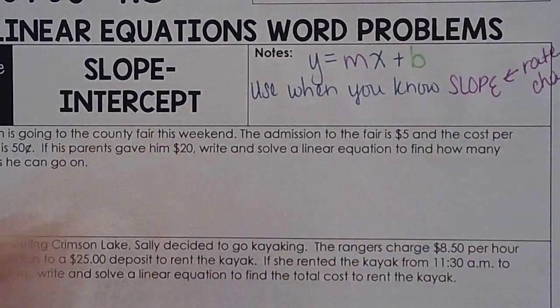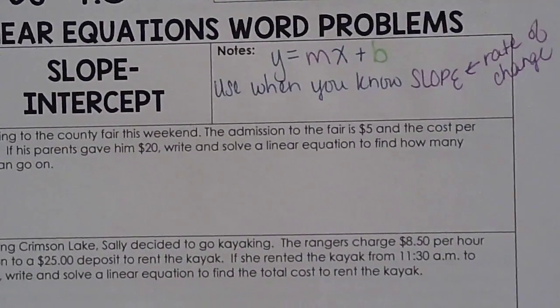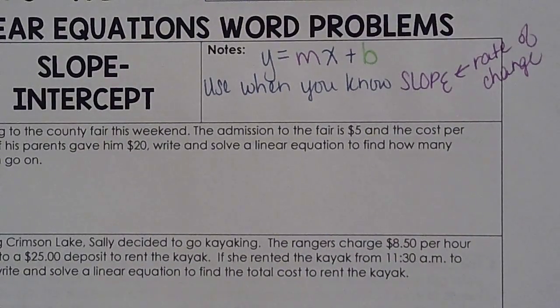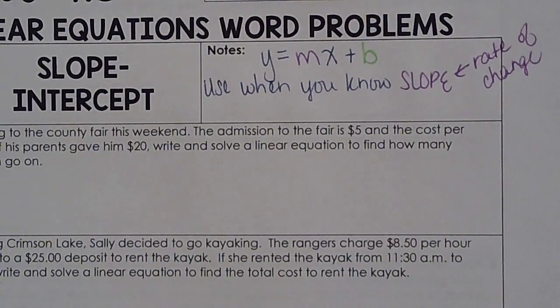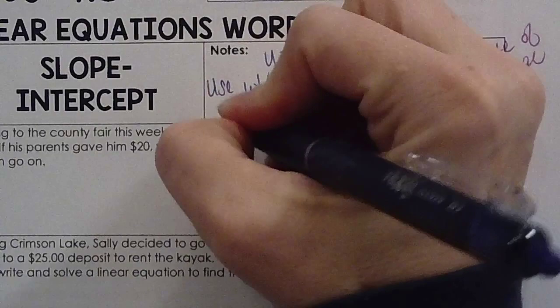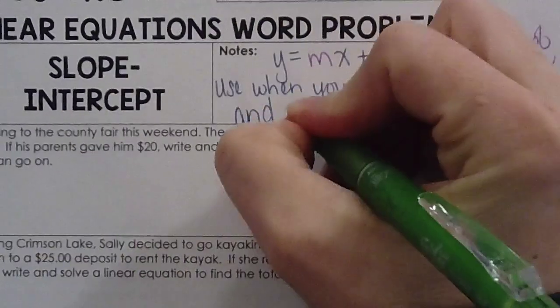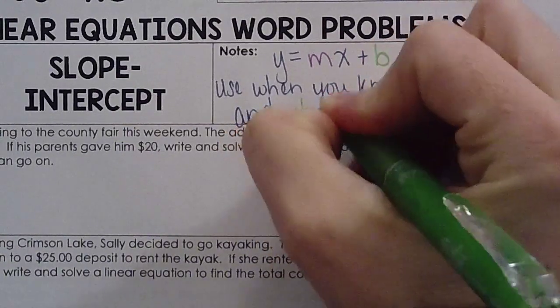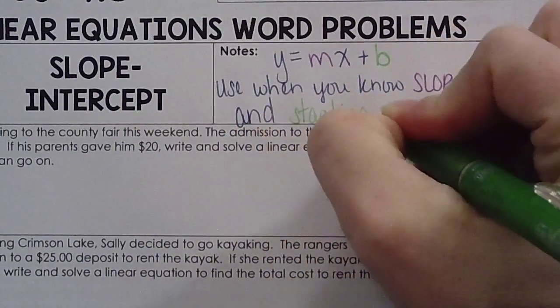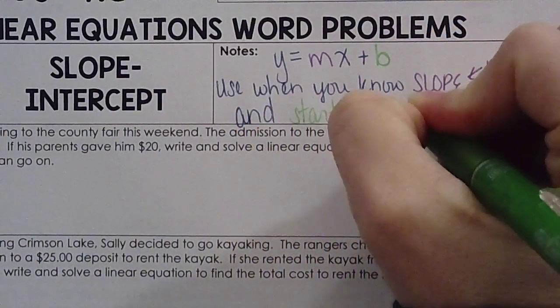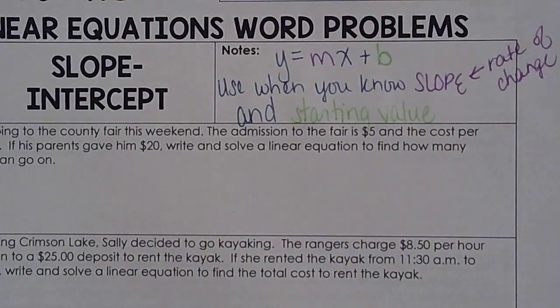Okay, so dollars per hour, dollars per pound, miles per hour, miles per minute. When you know this slope and a starting value, or a starting point or an initial amount.